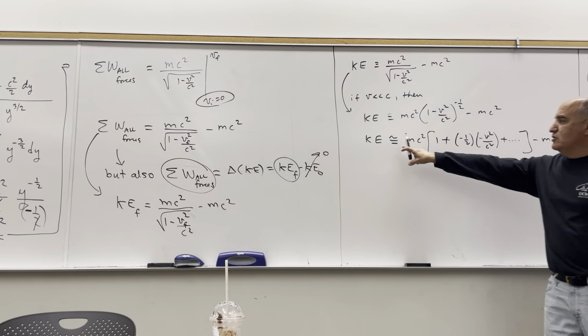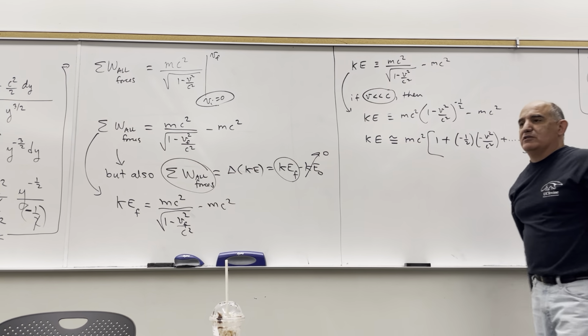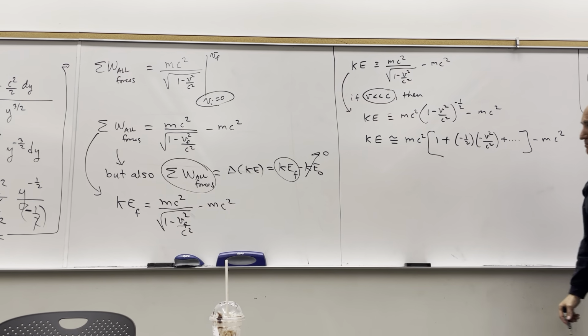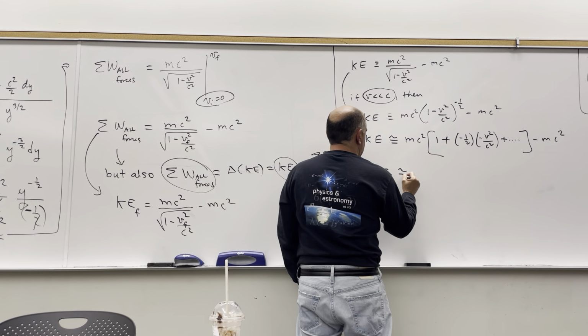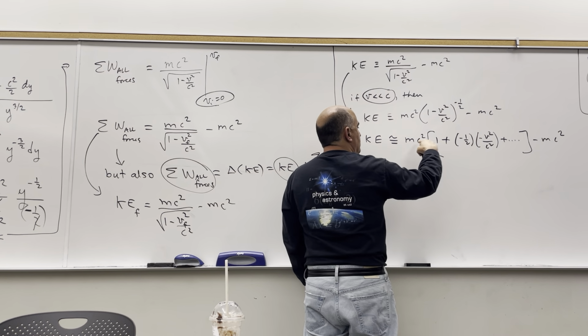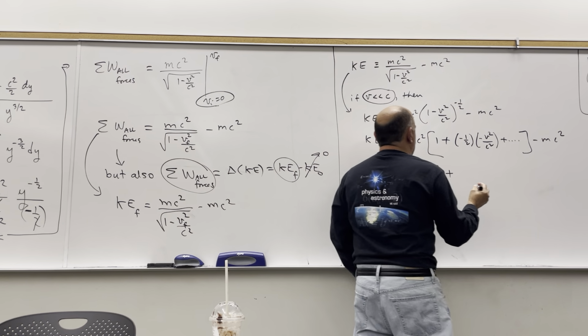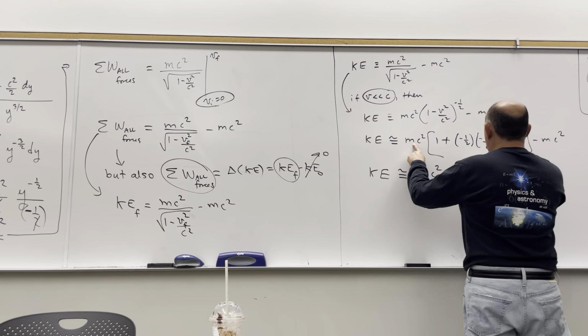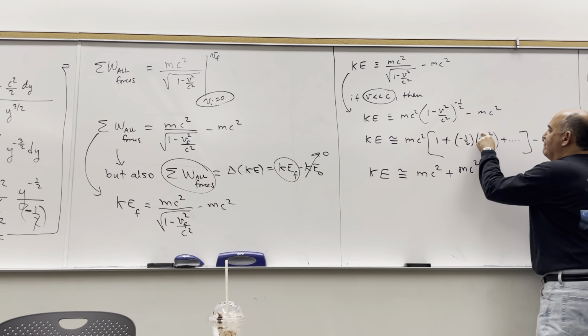Now this is an approximation in the limit that the speed of the object is small compared to the speed of light in vacuum. So therefore, now I'm going to multiply through: mc squared times 1 plus mc squared times this minus times this minus gives me a plus, and I have a 1/2 v squared over c squared.